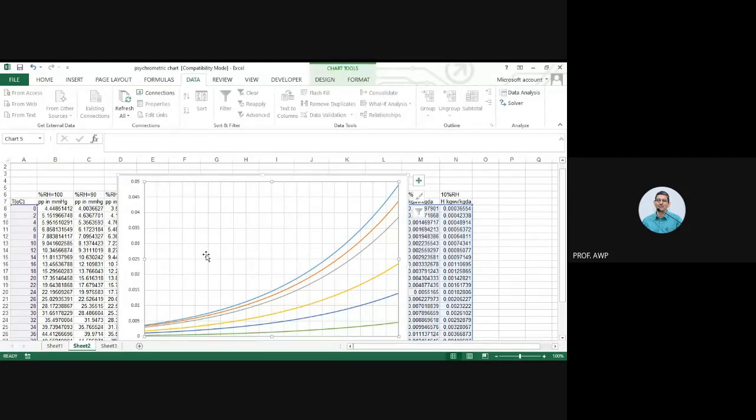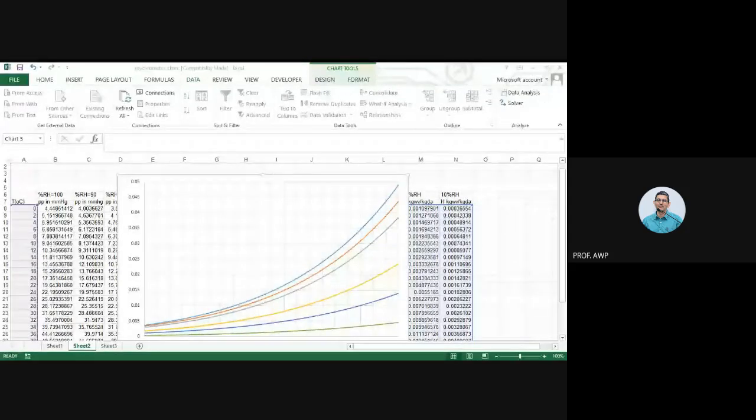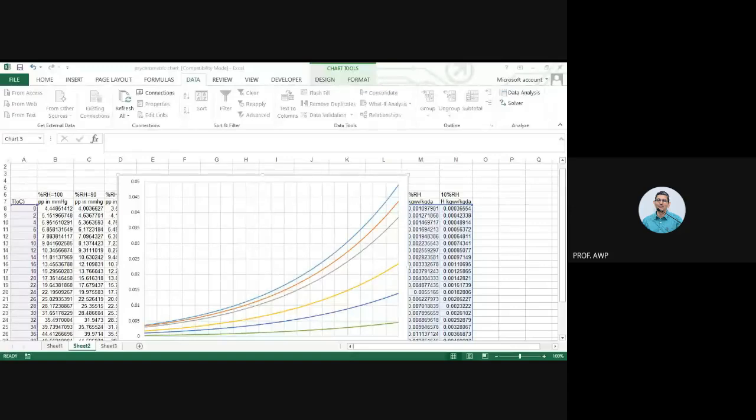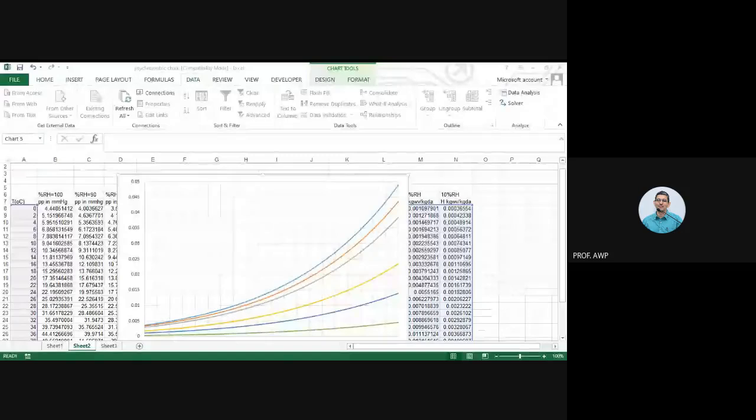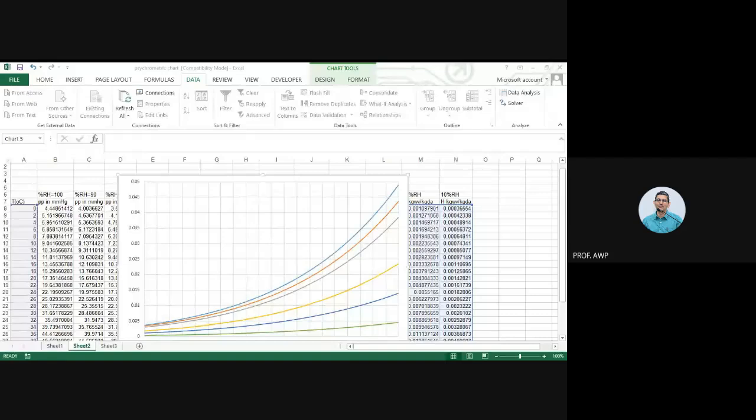So this is how the actual humidity chart is plotted. Okay, can we go forward? Anybody still doing? Prajot Patil, are you doing in Excel? No, sir, I'm using mobile. But later on, will you be able to do it in Excel? Yes, sir.